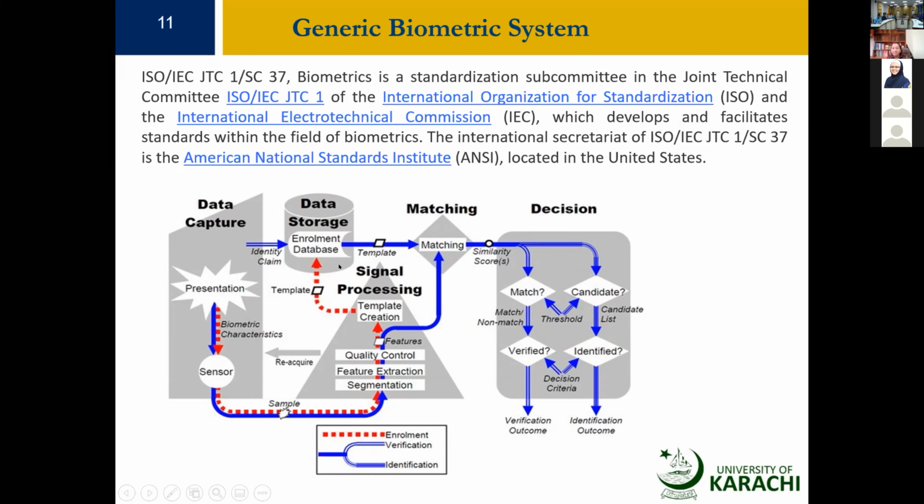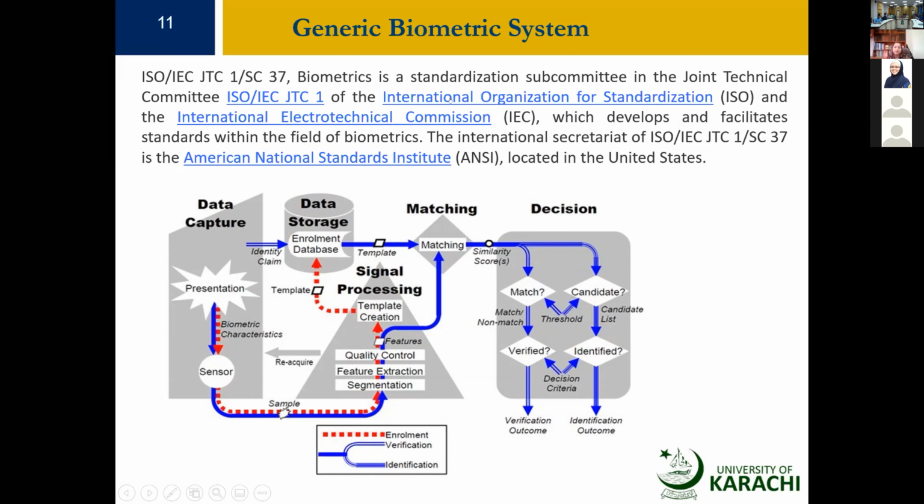They have to prepare this data storage, the enrollment database, which captures the templates. Template creation requires image processing and quality control techniques so that these scores give the best results. And this data storage requires some device, some sensor, to capture the samples. So these are the building blocks of a generic biometric system, which follow ISO standards.